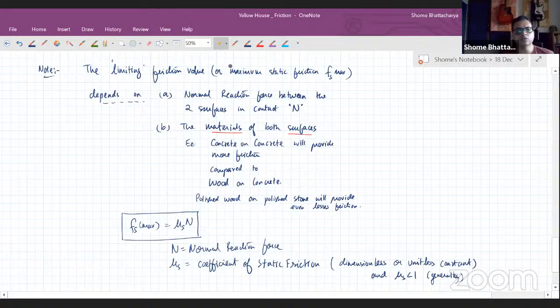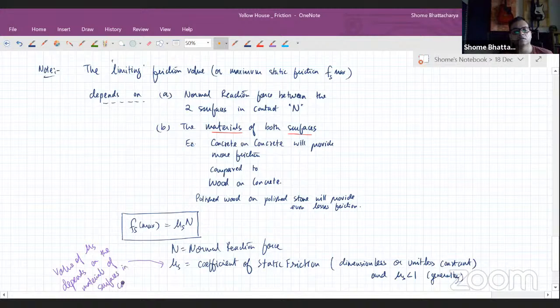So the value of this coefficient of friction actually depends on the material of the surfaces in contact. Okay, so the value of the coefficient of static friction depends on the materials of the surfaces in contact.